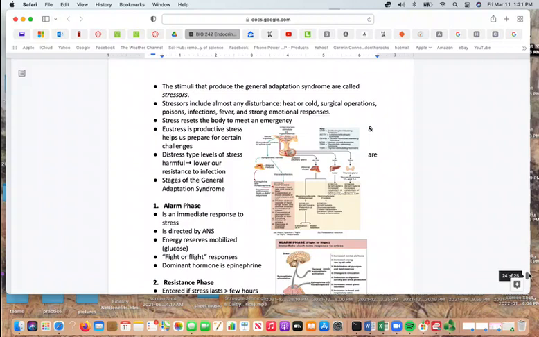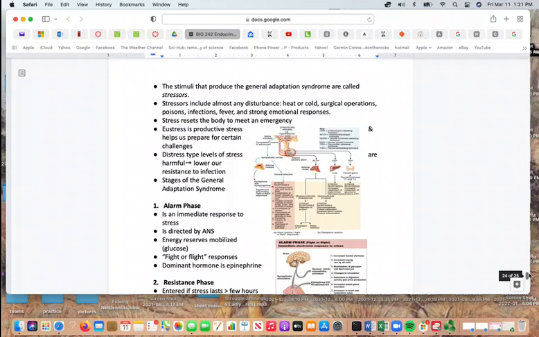They can include almost any disturbance: hot or cold, surgeries, poison, infection, fever, and definitely strong emotional responses. Stress is really any change, good or bad. It's just that the bad ones tend to have longer effects, and so we notice those.